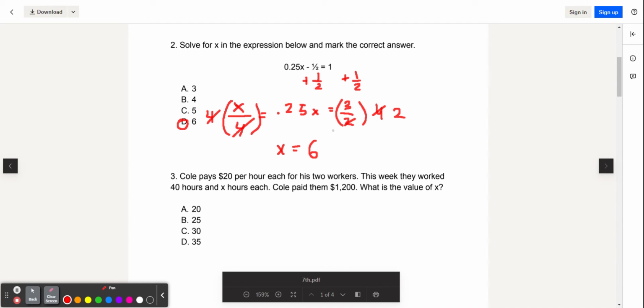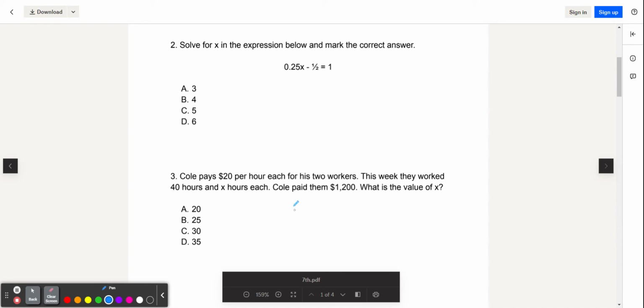Now the other option is, if you don't like working with all these fractions and decimals, we can get rid of them. First, we need to convert the fraction into a decimal. 1/2 is the same as 0.5. And then now we can multiply both sides by 100.